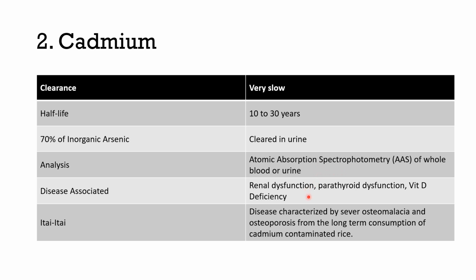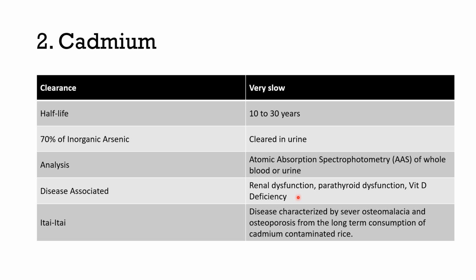It is associated with renal dysfunction, parathyroid dysfunction, vitamin D deficiency, okay, and itai-itai, a disease characterized by severe osteomalacia and osteoporosis from long-term consumption of cadmium-contaminated rice. Because of renal dysfunction, parathyroid dysfunction and vitamin D deficiency, there is malabsorption as well in terms of your calcium.